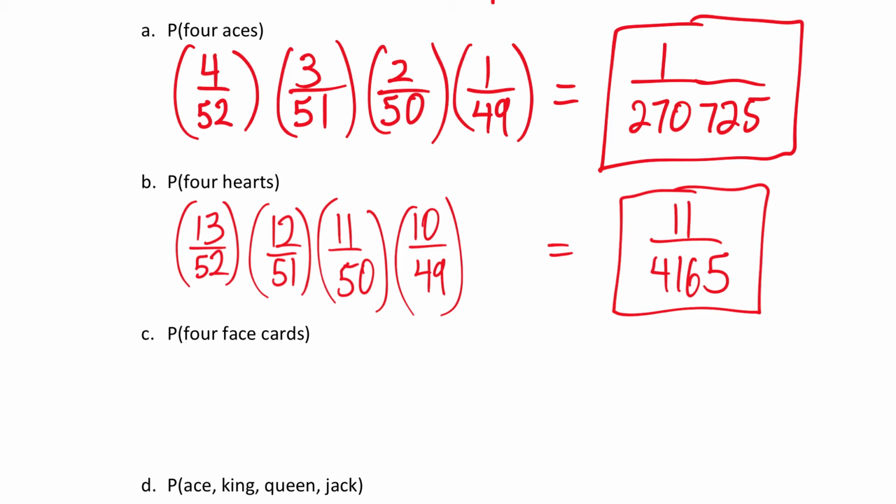If you tried it 4,165 times, it would happen 11 times. Exactly. Every 4,165 times you tried it, you would get 4 hearts 11 times, theoretically. And if you did this experiment 1,000 times, it would get close to that, and if you did it 1,000,000 times, it would get even closer.